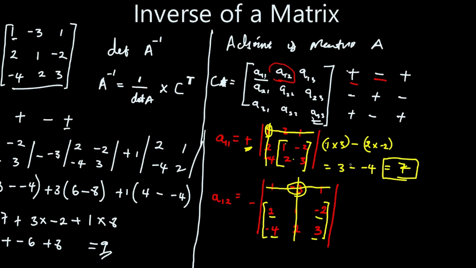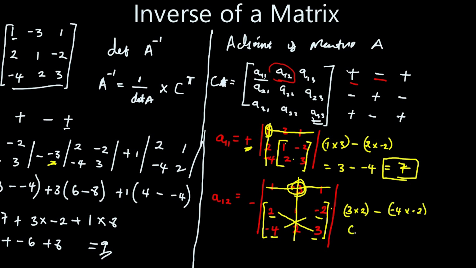Remember now, in this case, we are not picking 3 like the one we did here for the determinants. So we just pick these values here and we multiply them together. So we have 3 times 2, minus 4 times minus 2.